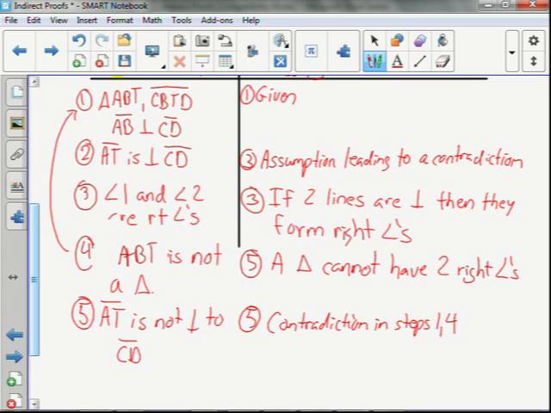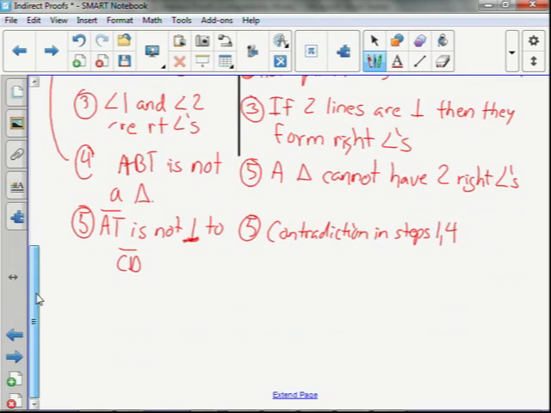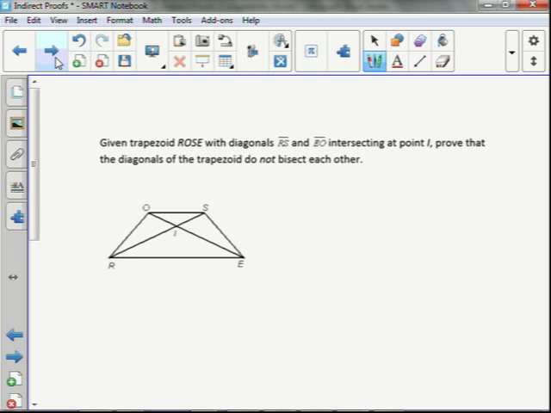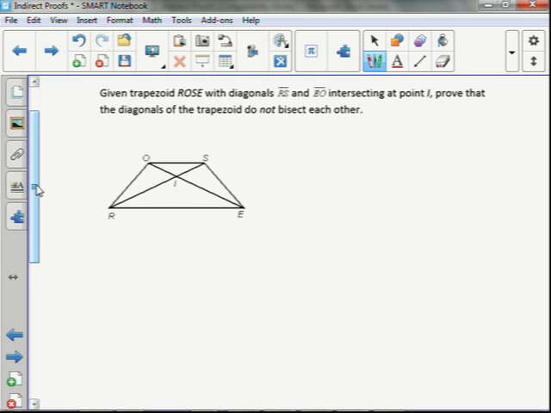So again, you assume the opposite of what you're trying to prove, and then you try to find a contradiction. And once you find a contradiction, you're going to give your proof statement and contradiction in whatever steps you found the contradiction.